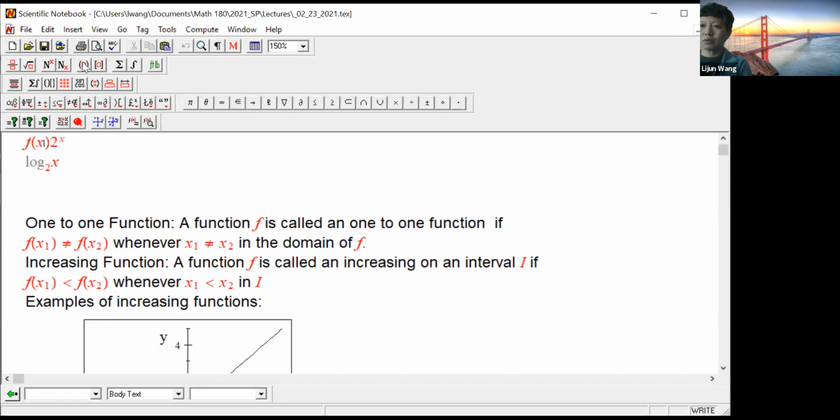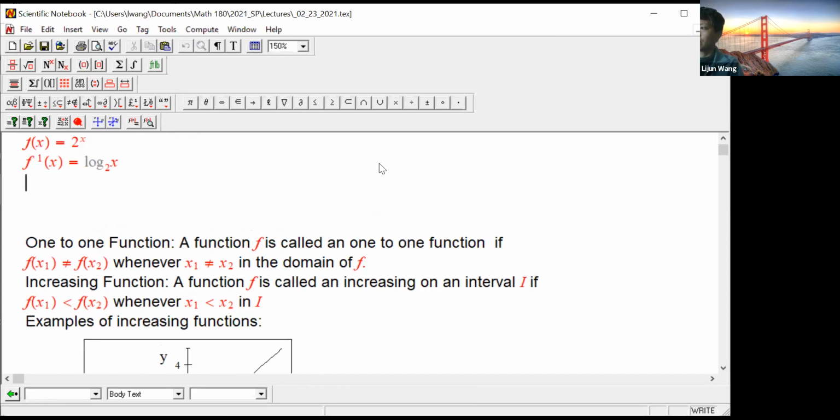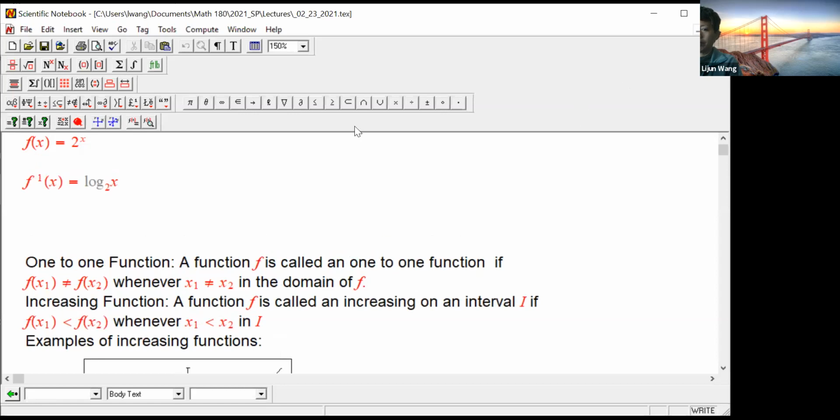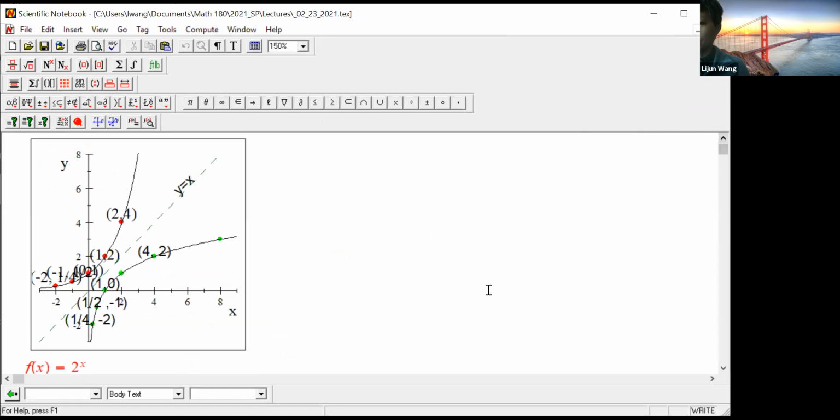Are they increasing or decreasing? We actually know they're inverse functions of each other, so let's use the f inverse notation, because yesterday we acknowledged that these two functions are inverses of each other. We just studied inverse functions.